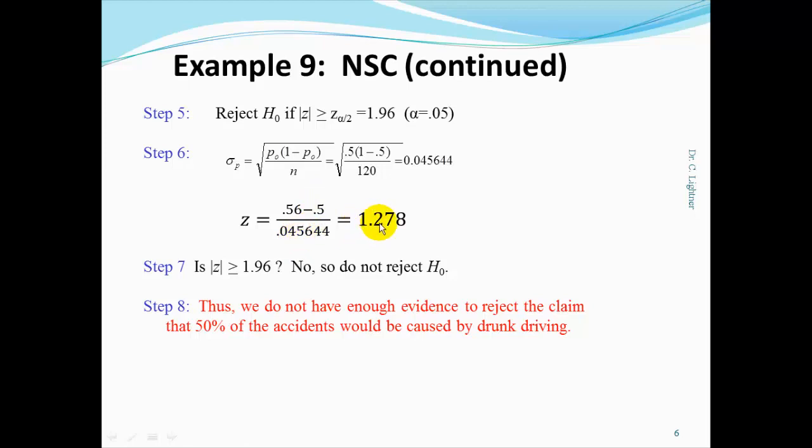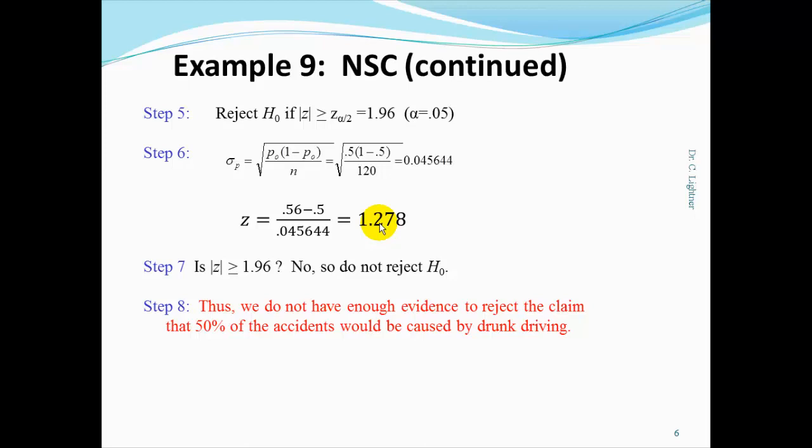If you compute our test statistic, you should obtain 1.278. In step 7, we should use the value from our test statistic and our rejection rule in order to decide whether we should reject our null hypothesis.